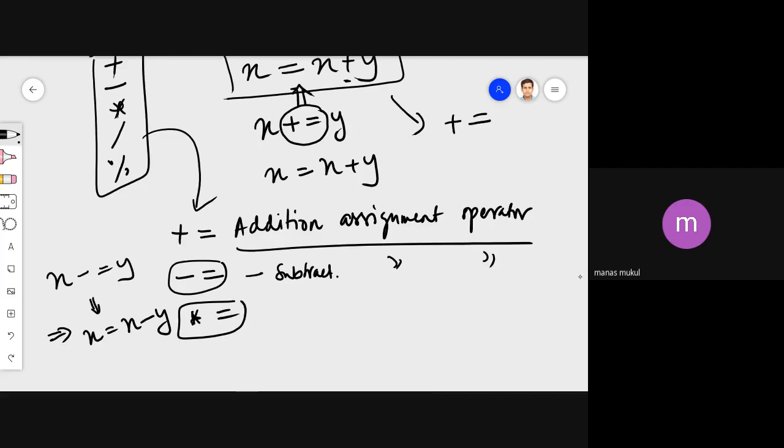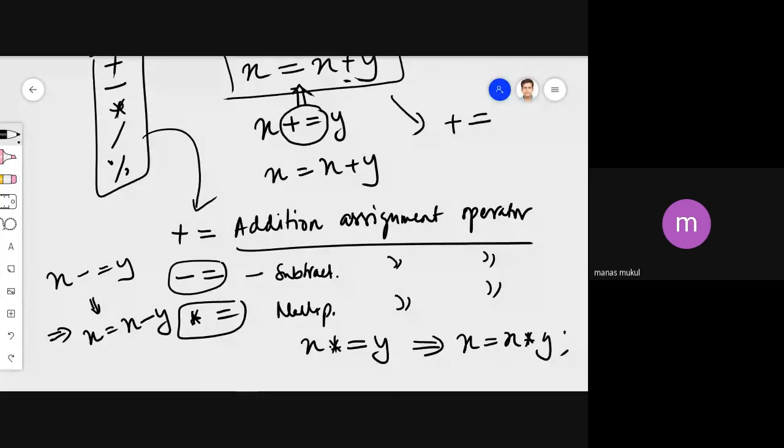This is called the multiplication assignment operator. So if you have x multiply equal to y, this is nothing but x is equal to x into y. It's very simple to understand.